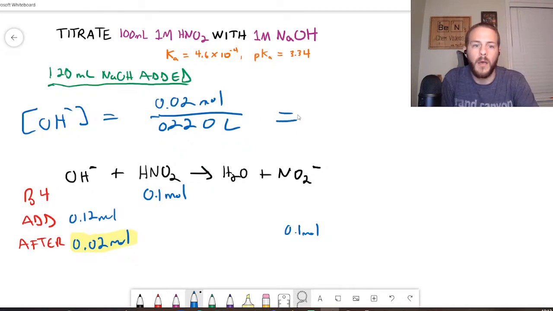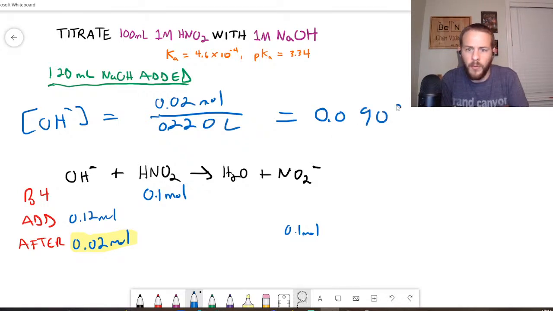So let me calculate that real quick. 0.02 divided by 0.22. Looks like it's 0.0909 molar, right? That's the concentration.